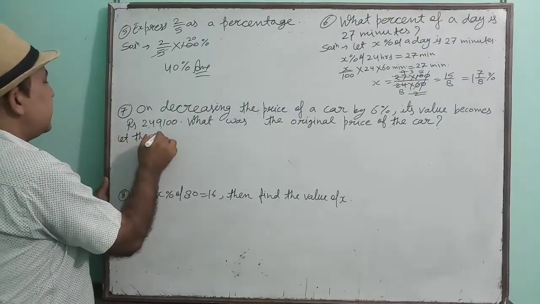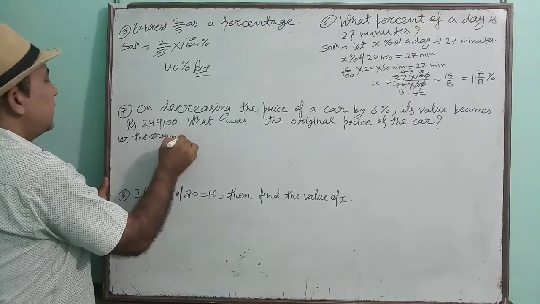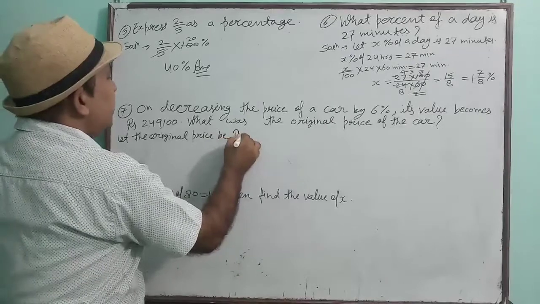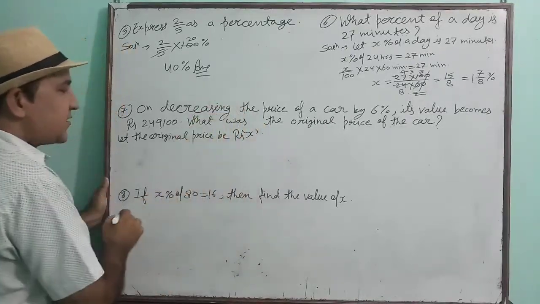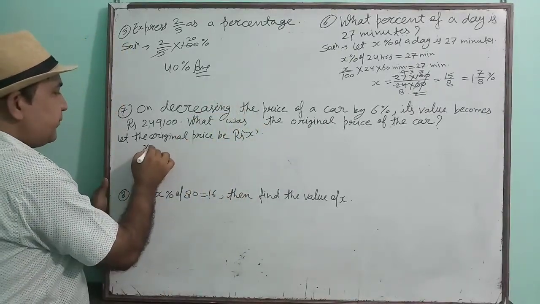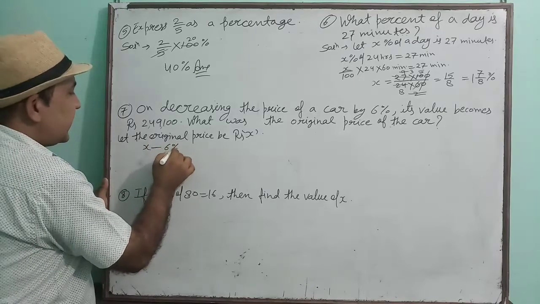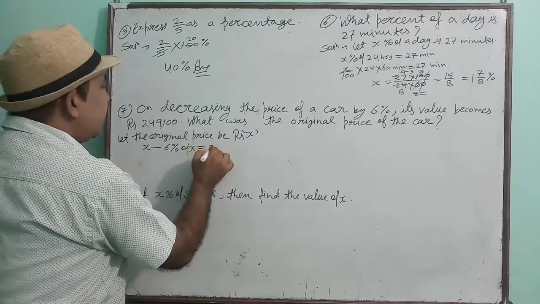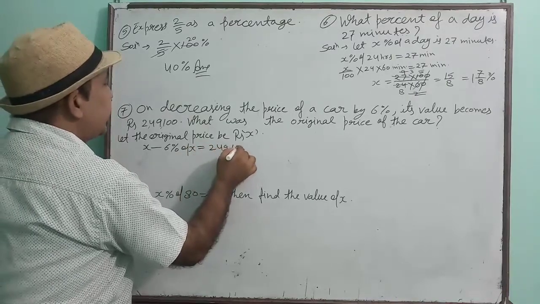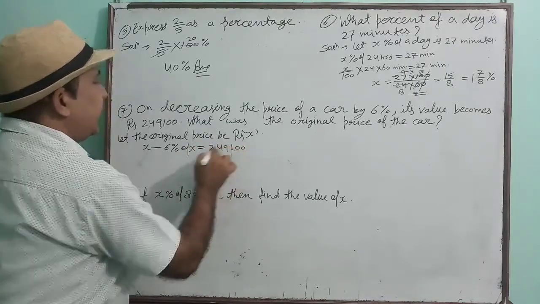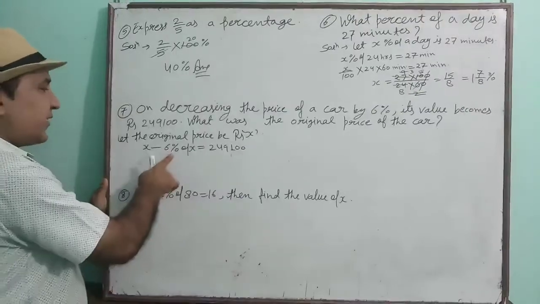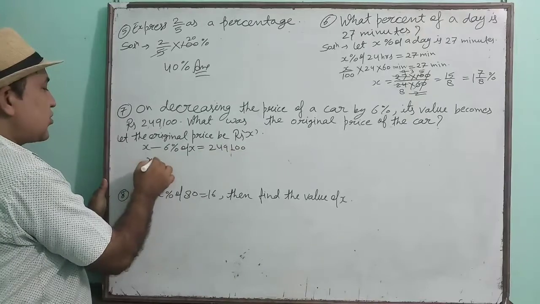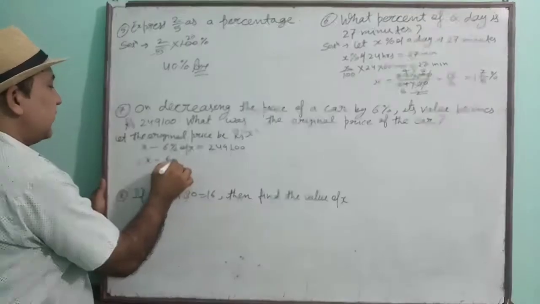Suppose the original price is X. Let the original price be rupees X. Now question is saying price is reduced by 6% of itself, then it becomes 2,49,100. After reducing 6% it becomes that. Now your equation is ready. Solve and get your answer.